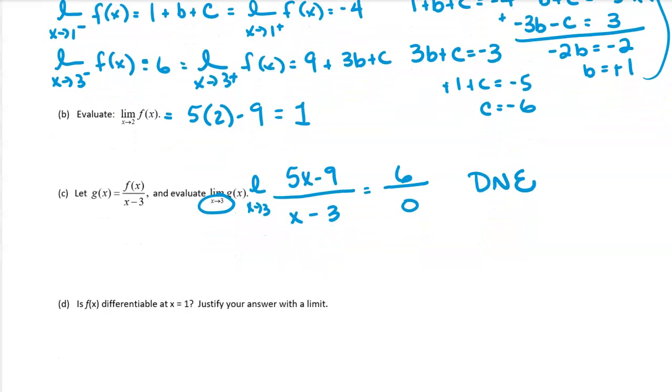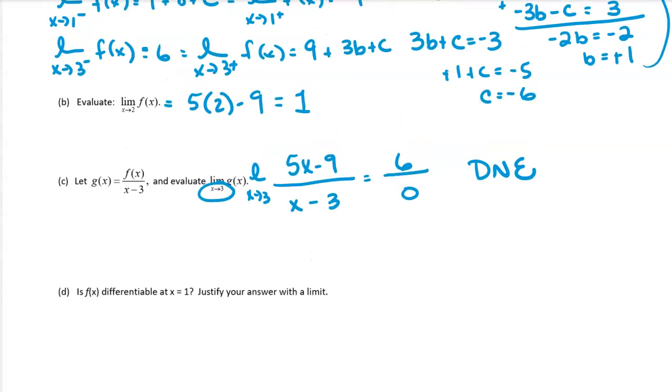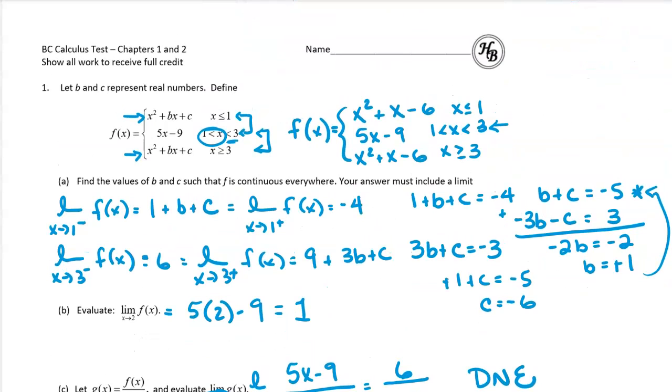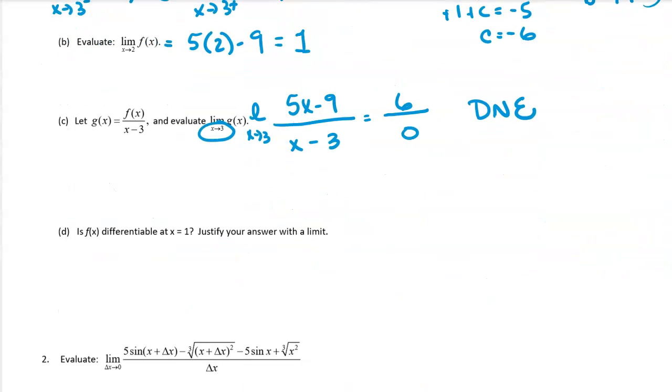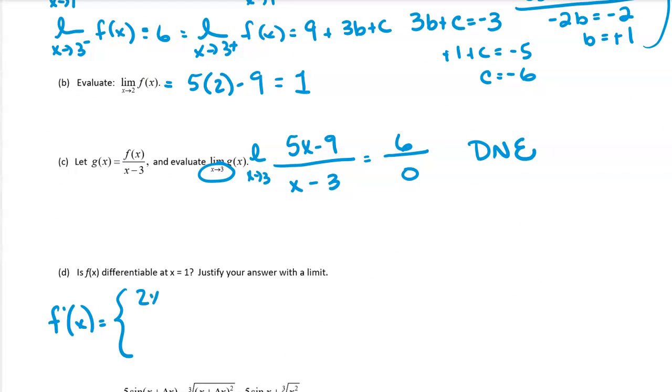Part D wants to make f differentiable at x equals 1. So what I want to do here is take a piecewise derivative. The derivative of my parabola part is 2x plus 1, and in the middle is 5. So f prime of x is 2x plus 1, 5, and 2x plus 1.